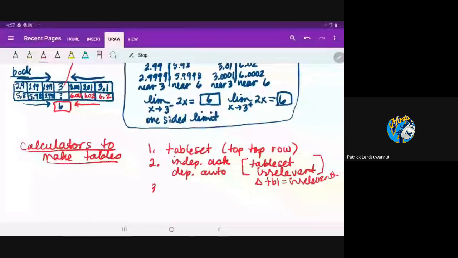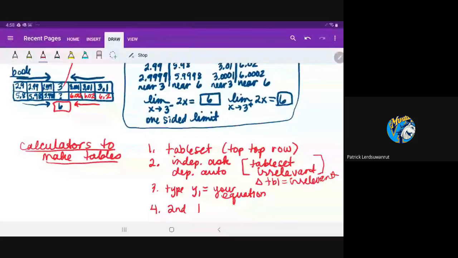Okay, and then you type y1 equals your equation. And then you're going to hit second table, which is on the top row, all the way to the right side.